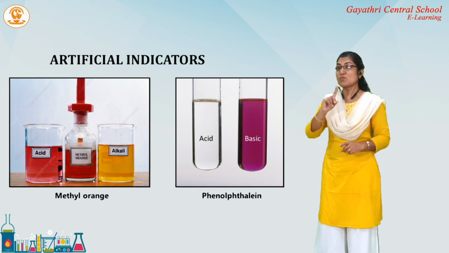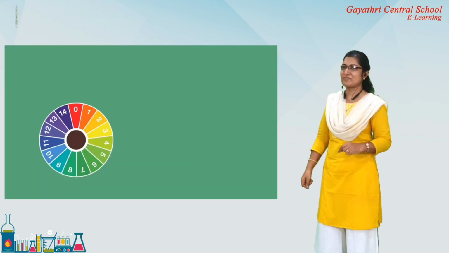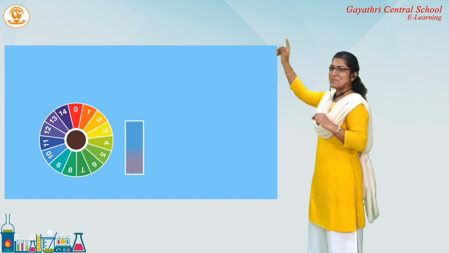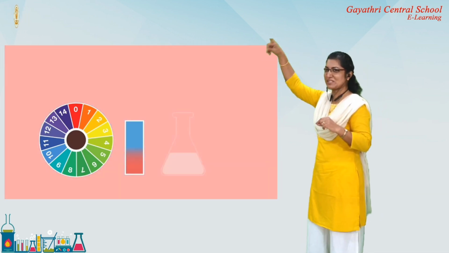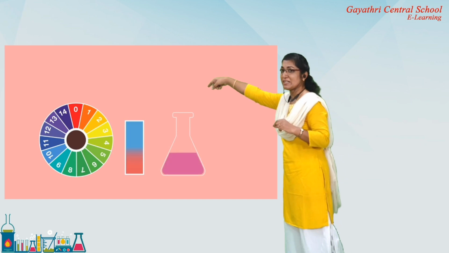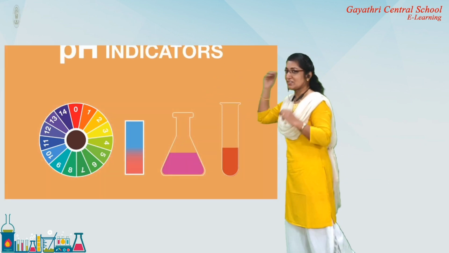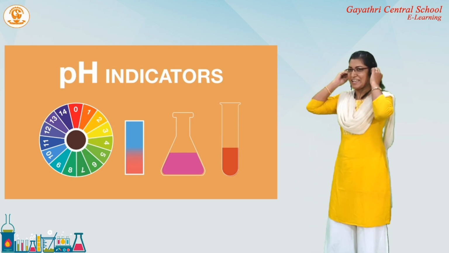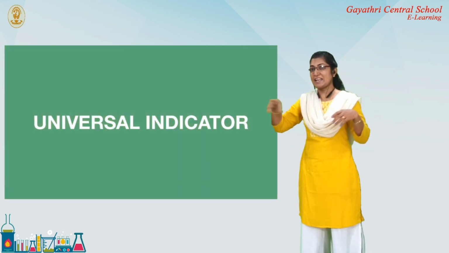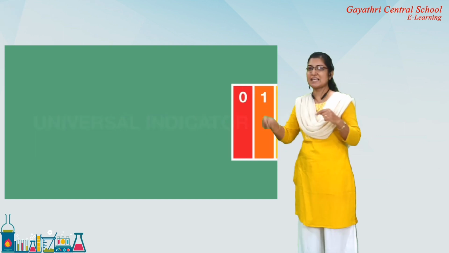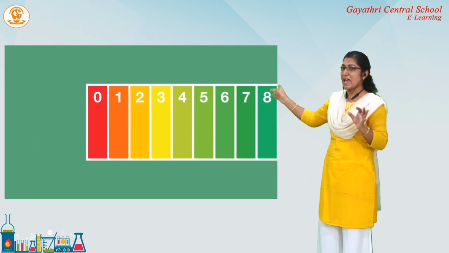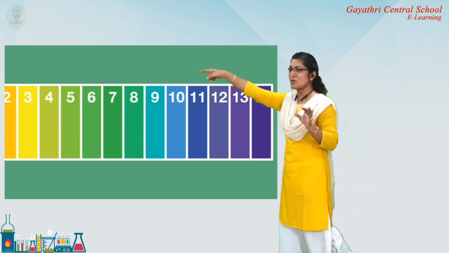Okay. Then next, one more type of indicator you have known. What is it? On the screen, we have got a special type of indicator called the pH indicator. In that we use universal indicator, isn't it? And its value ranges from 0 to 14.